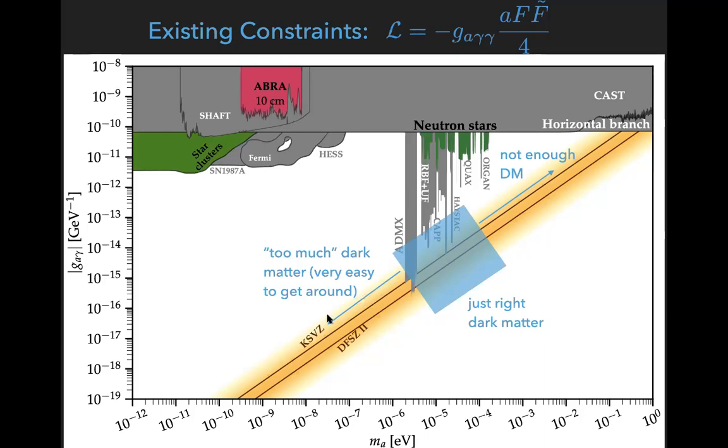So you're going to have to do something to get the correct abundance of dark matter. I'm putting "too much" in quotation marks because it's very easy to get around this. I don't want to go through the ways that you can get around this, but it's very easy to get around this naive problem of producing too much dark matter as you go to smaller masses. Similarly, as you go to higher masses, you naively don't produce enough dark matter, although you can also get around that too. So you can have QCD axion dark matter, which lives throughout this whole gold band.